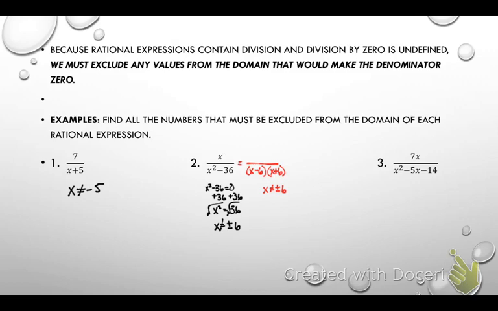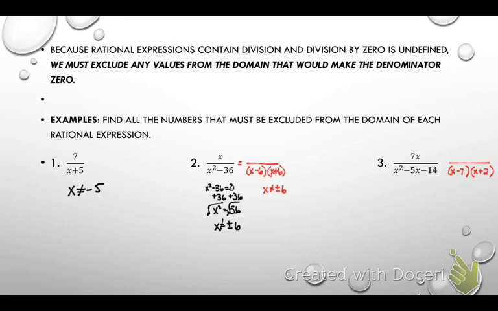Then like on number 3, the reason why we go ahead and factor it is it's a lot easier, because you can't set x squared minus 5x minus 14 equal to 0 without factoring. So the bottom side here, two numbers that multiply together to give me a negative 14, and then combine to give me a negative 5: x minus 7 and x plus 2.